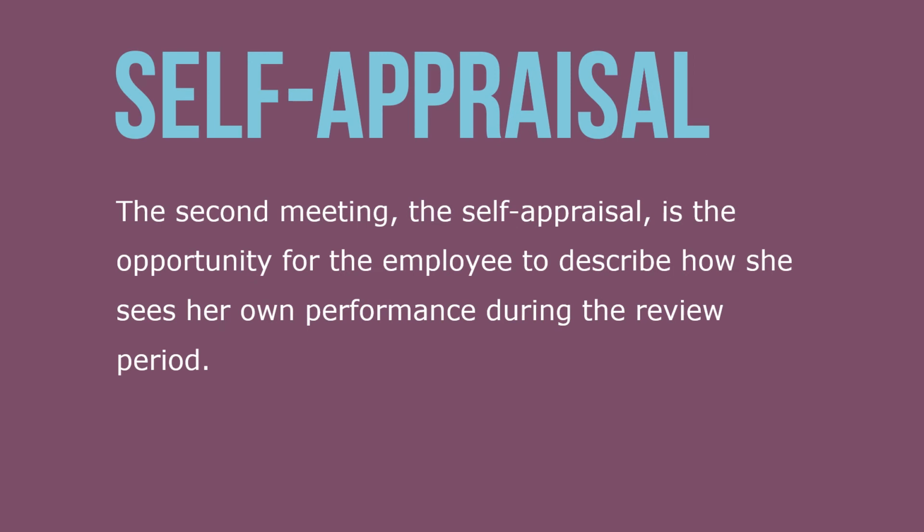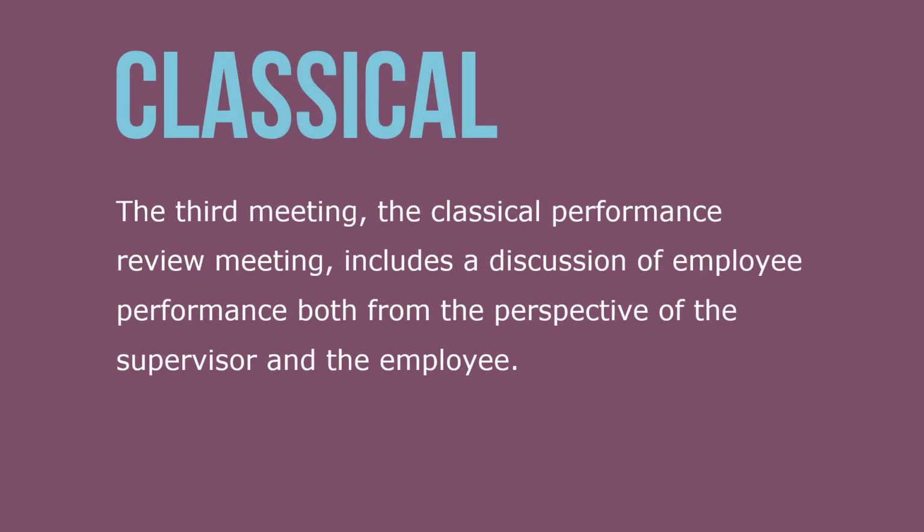The second meeting, the self-appraisal, is the opportunity for the employee to describe how she sees her own performance during the review period. The third meeting, the classical performance review meeting, includes a discussion of employee performance both from the perspective of the supervisor and the employee. Many performance management systems include this type of meeting only.